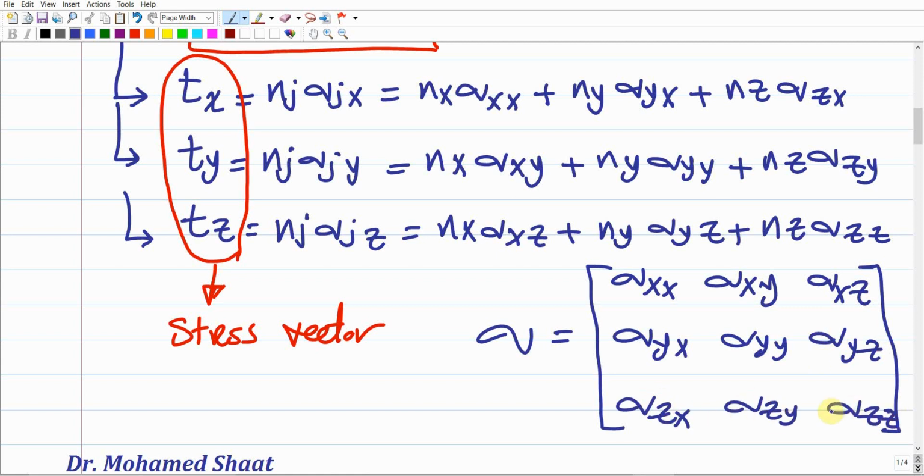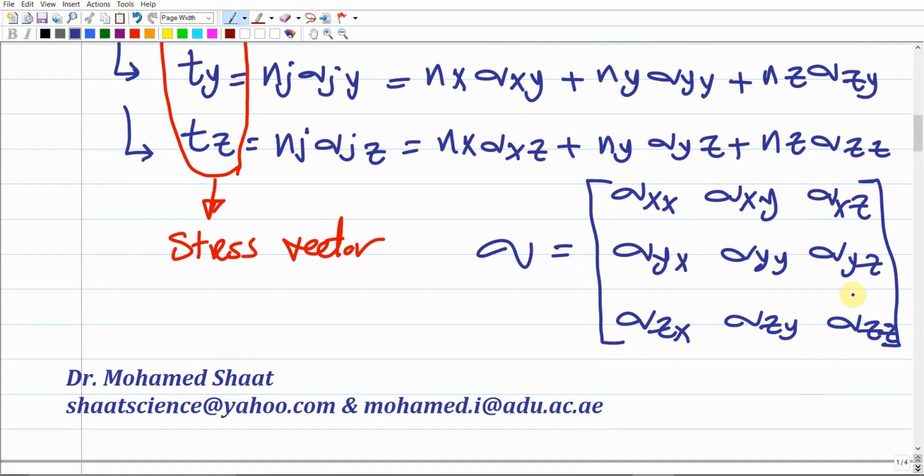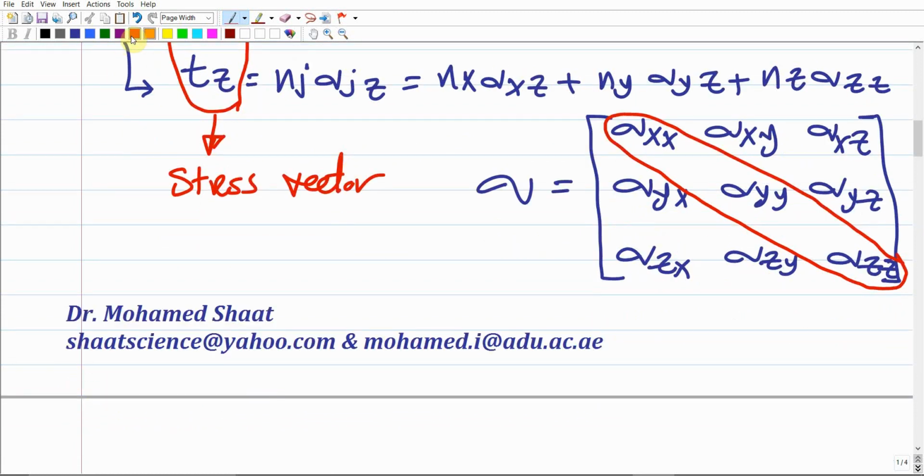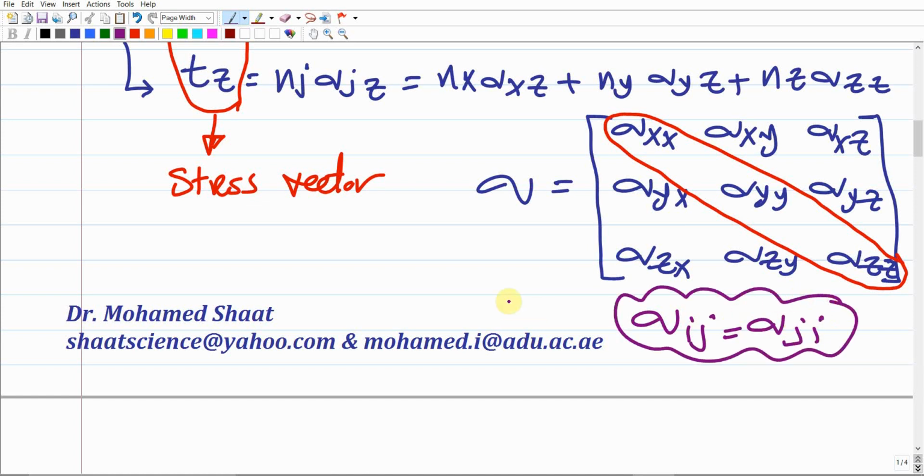But we proved before, when we derived the equilibrium equation for the continuum, that this tensor is a symmetrical tensor. So what does it mean, symmetrical tensor? It means that it will have 3 components over the diagonal, and the off-diagonal components are equivalent. So one of the properties that we should consider for this tensor is that sigma ij equals sigma ji, which means that it is a symmetrical tensor.